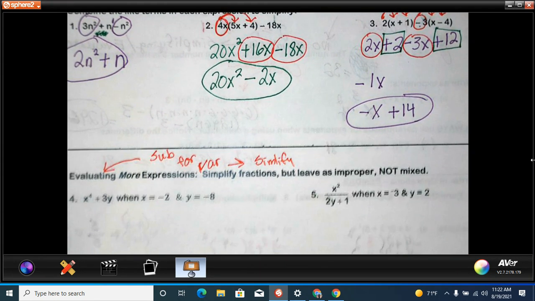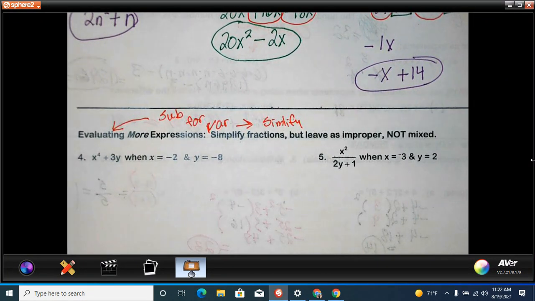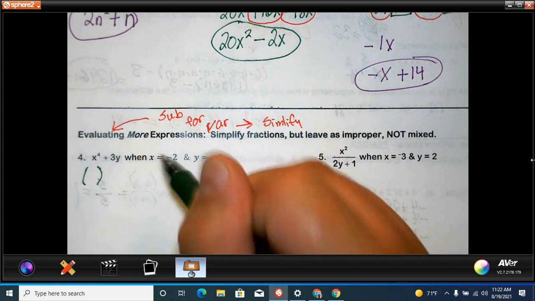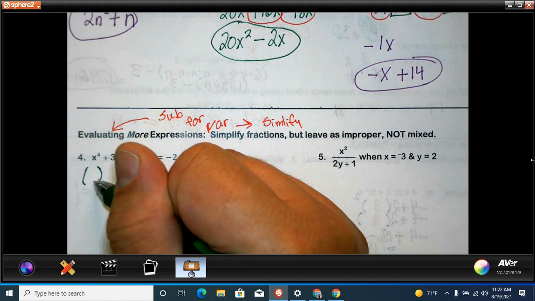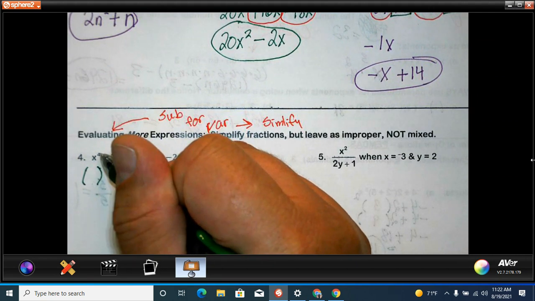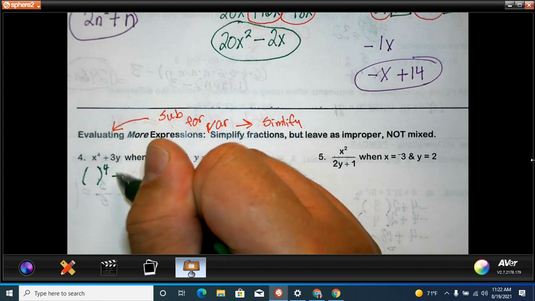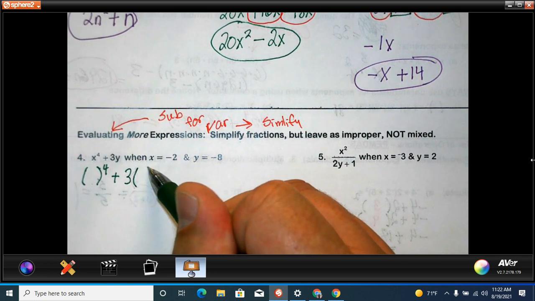First one, again, I like to put in parentheses wherever I see a variable. So I have my x value I'm going to be substituting, raised to the fourth plus 3 plus 3, and then I have my y.